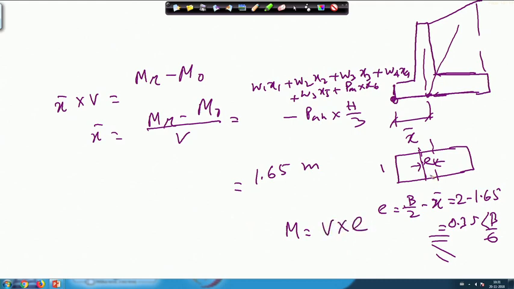So, in this foundation, suppose in this rectangular area, there is a vertical force and a moment.